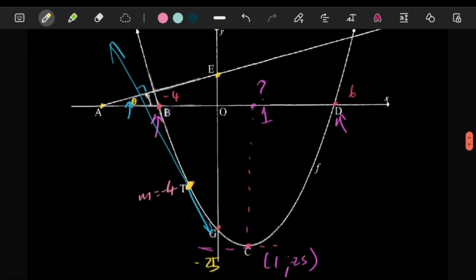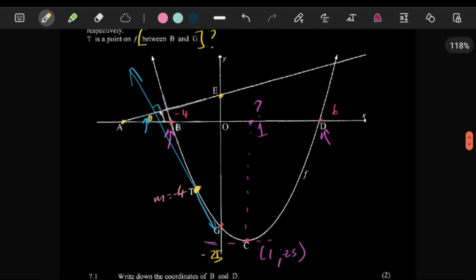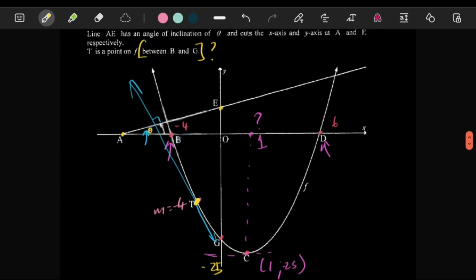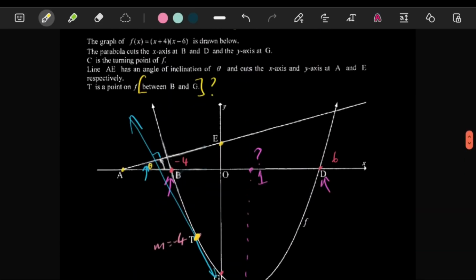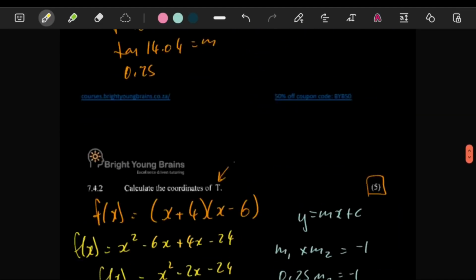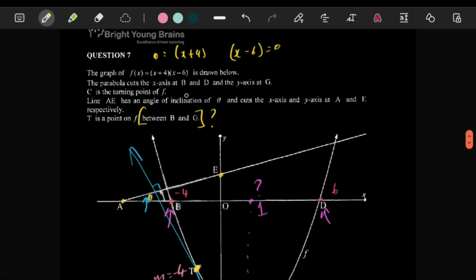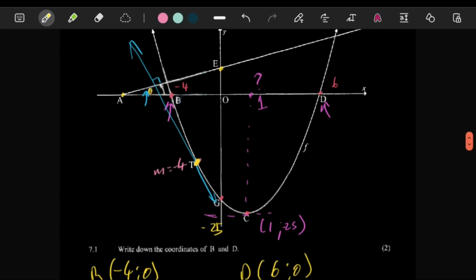There's no R anywhere, there's no K, but K they gave to us. So the annoying thing with these kinds of questions is, unless I'm missing R, where is R? They never spoke about R anyway.